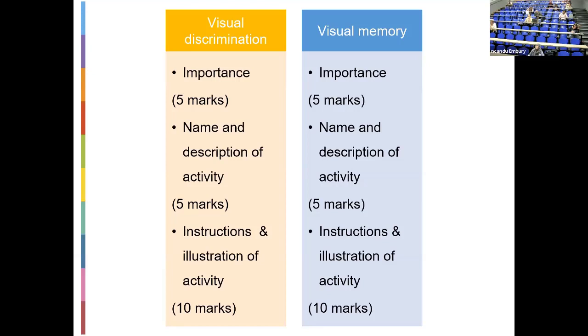And then here you'll include that in your instructions, and you can give an illustration of the activity. So you can include pictures. If you actually make the activity and have children play it, you can include those photographs. Just remember, don't include pictures of the children's faces. So we want 2 different games there or 2 different activities. Try to make them as creative as possible.